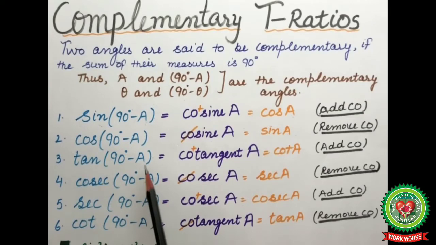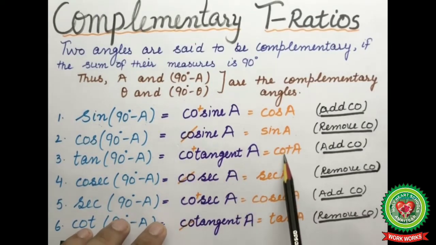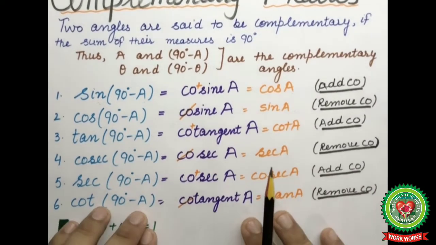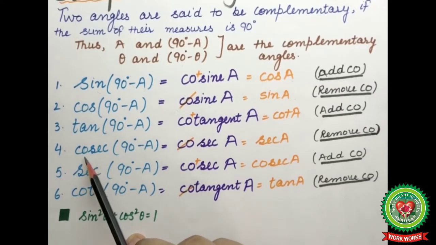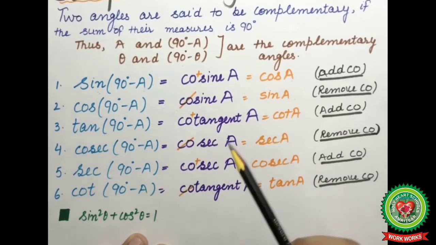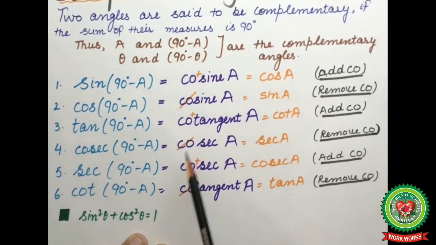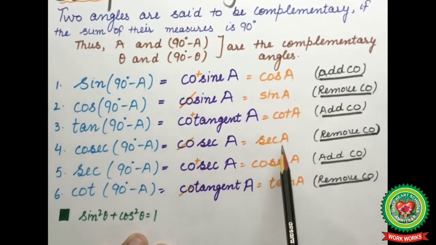Tan 90 minus a will be equal to, now in this given t ratio, co word is not there. So we are going to add co in it. So on adding co to tan, we are going to get it as cot a. Cosecant 90 minus a will be equal to, now in this given t ratio, co word is there. So we are going to cut this co word, or we are going to remove this co. So on removing co, we will get it as secant a.